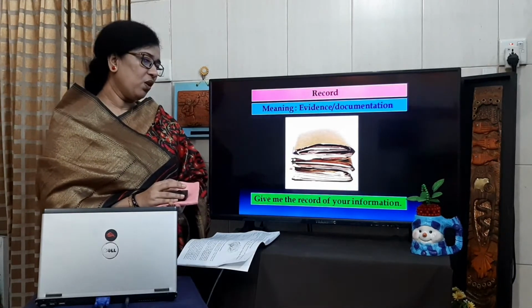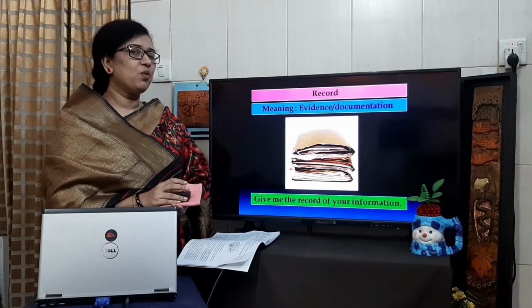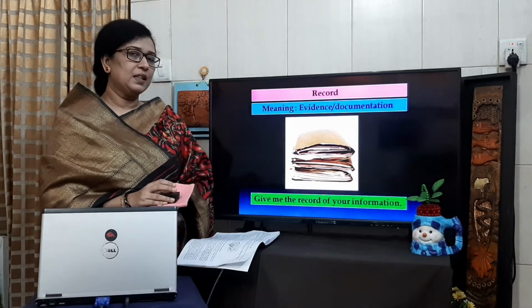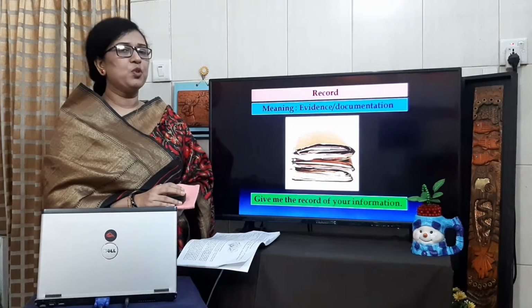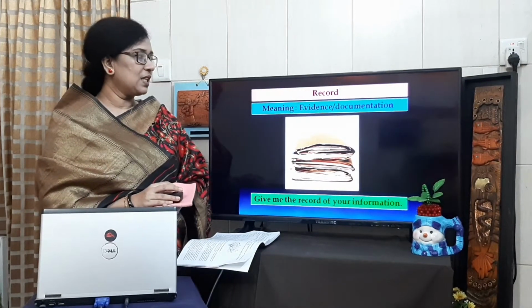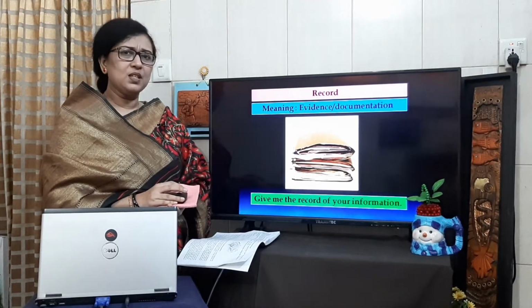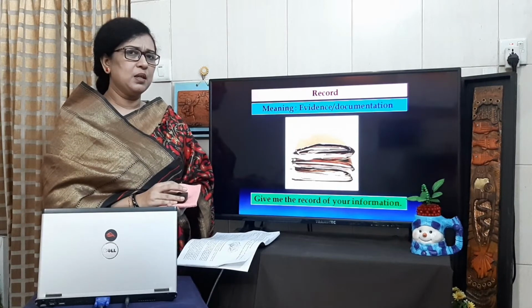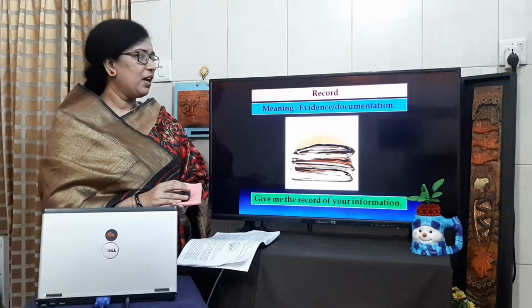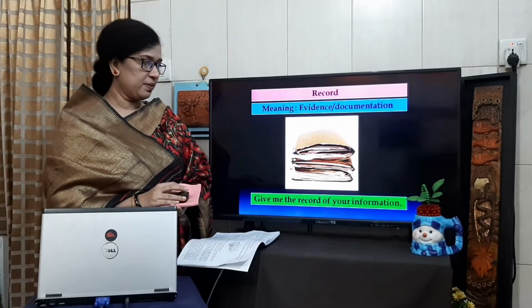Give me the record of your information. In our schools, when you take admission, you have to submit some information in record, in written form. So these are filed in our school offices. Nowadays we use computers, but before that we had to keep our records in written form. So these are the records.